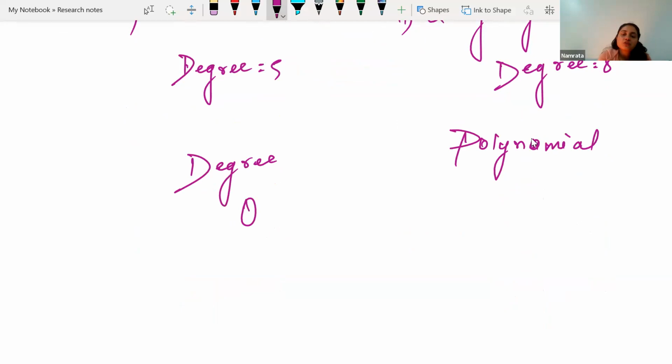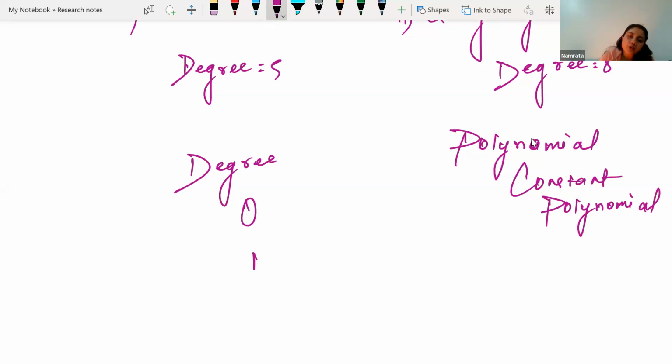This type of question you will get in the format of fill in the blanks or maybe MCQ questions. So when the degree of the polynomial is 0, it's called constant polynomial. When the degree is 1, it's called linear polynomial. When the degree is 0, it's called constant polynomial.